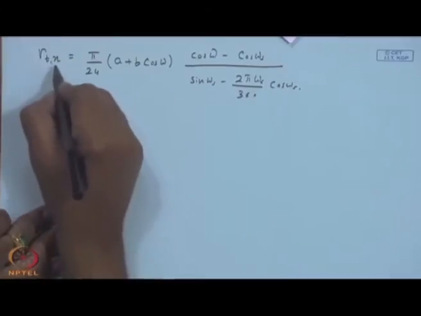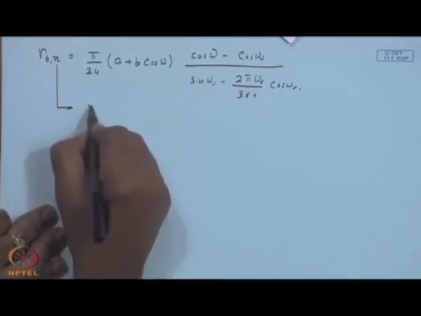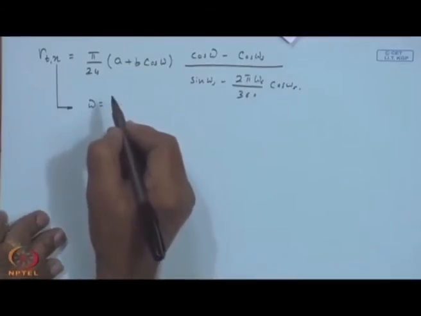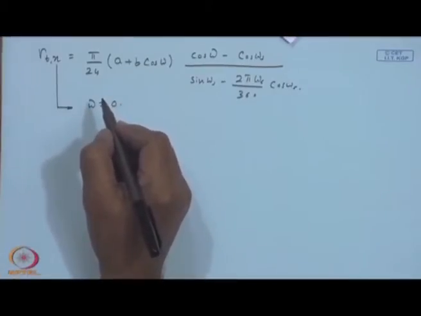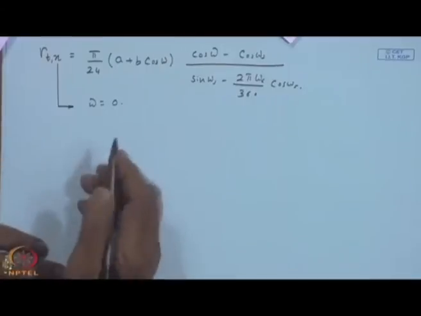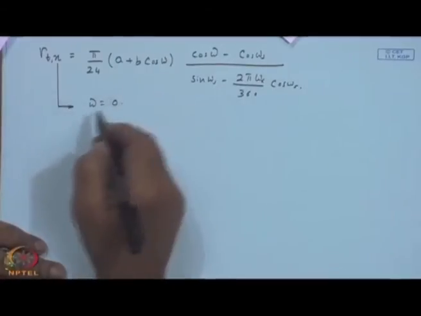This is to be calculated at noon, meaning omega is equal to 0. Typically, it may not be so at times. However, we will do it at omega equal to 0.